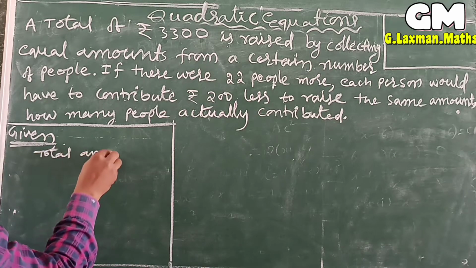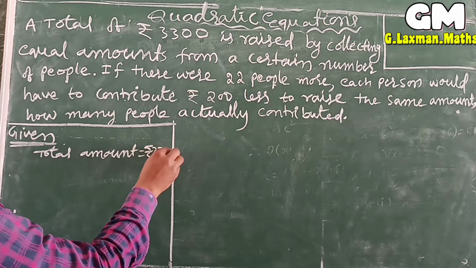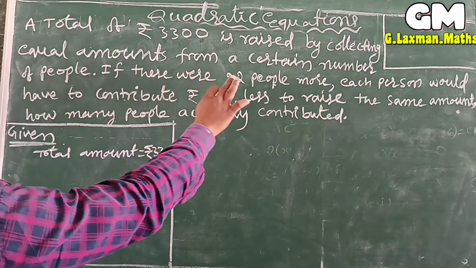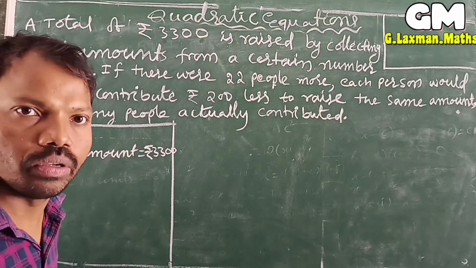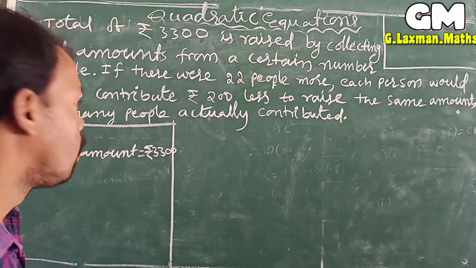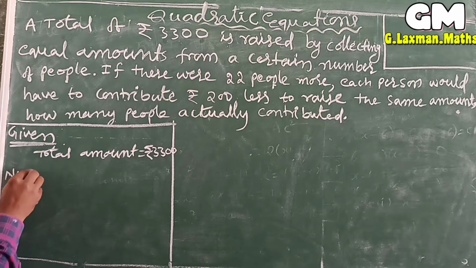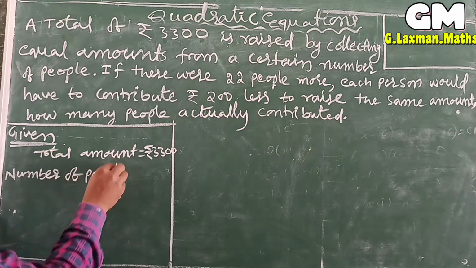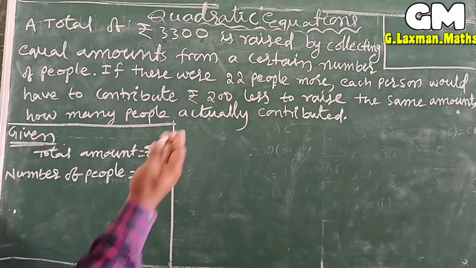So the certain number of people, how much is it? We don't know. Let us suppose the number of people is P. We don't know how many people there are.